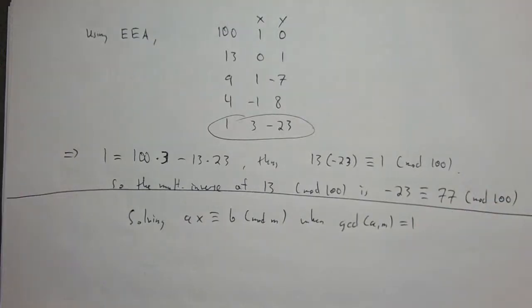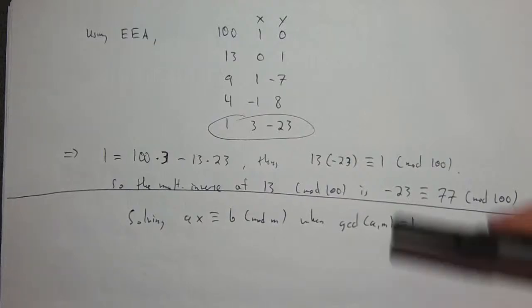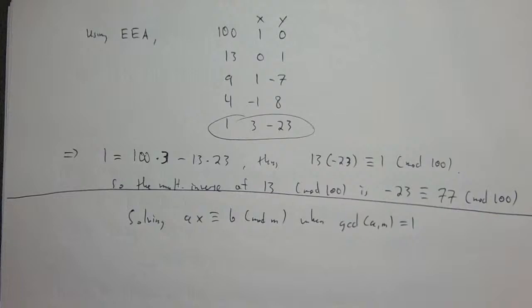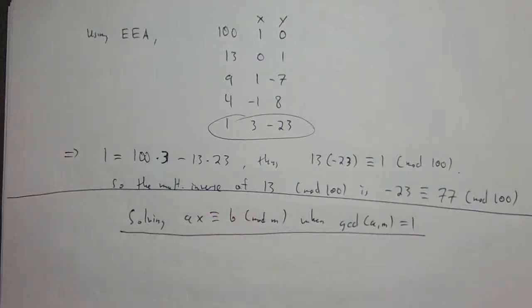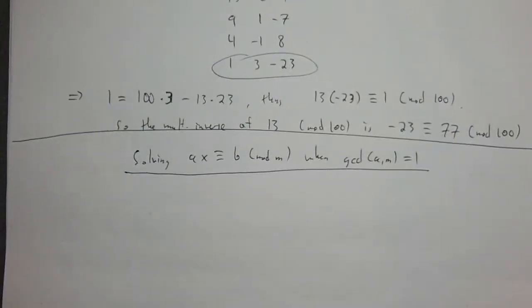Okay, well, the first thing you say is, what if the GCD of A and M is not 1? Well, this process is going to work to find a single solution, and then finding the rest of them, of course, is just going to be adding multiples of the reduced modulus, right? So actually, if you know how to solve this when the GCD is 1, then you know how to solve this in general. What do I mean by that?